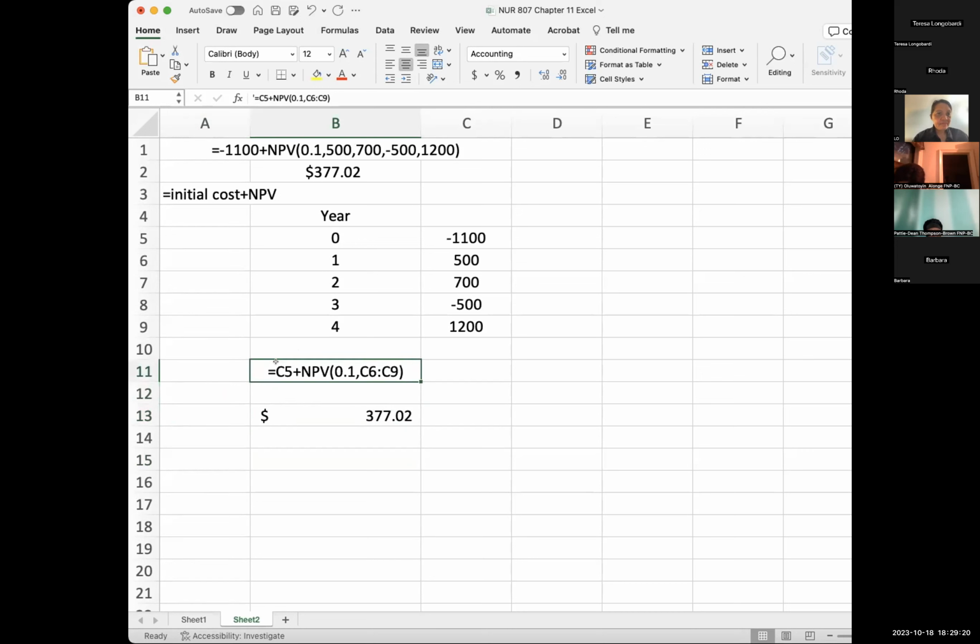So that's using this formula. Equals plus NPV, and then I just touched the cells to get C6 to C9. In other words, that's the cells C6 and C9.